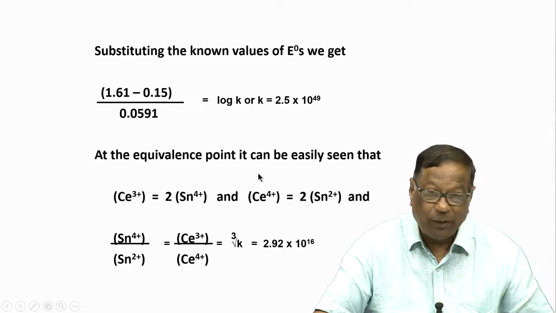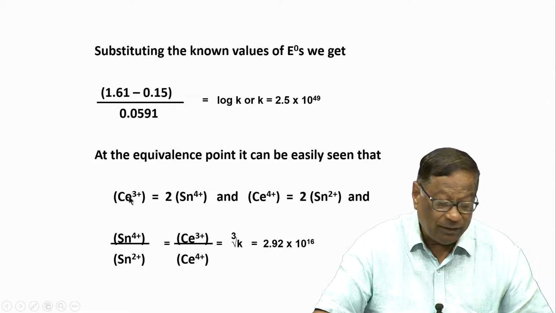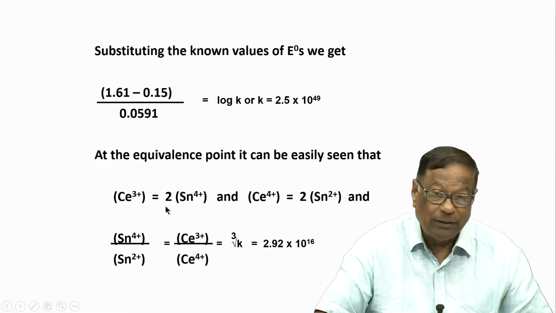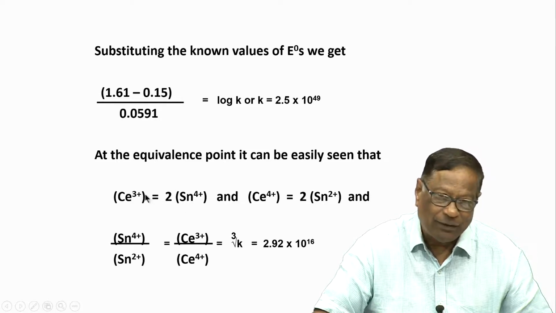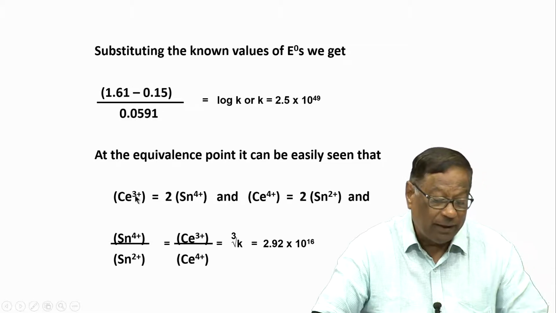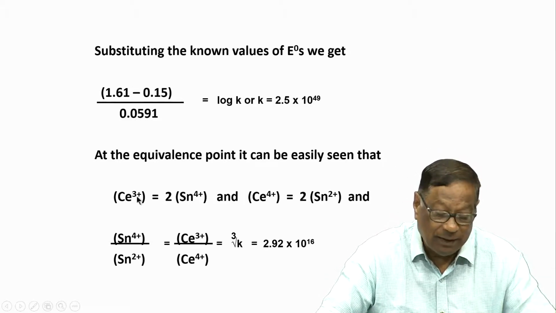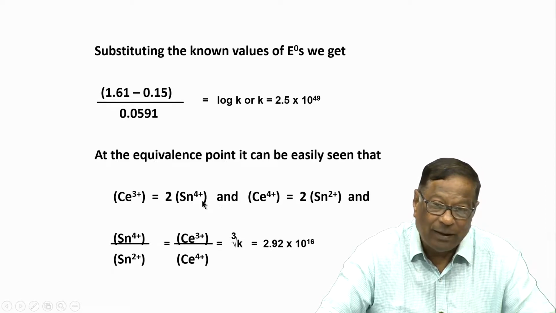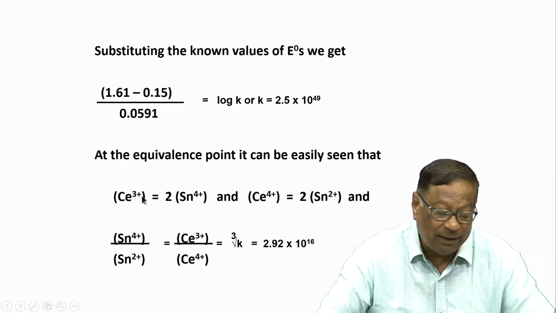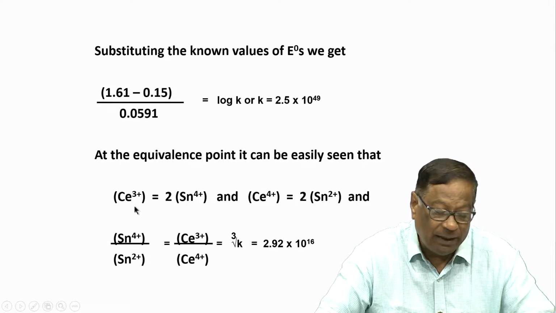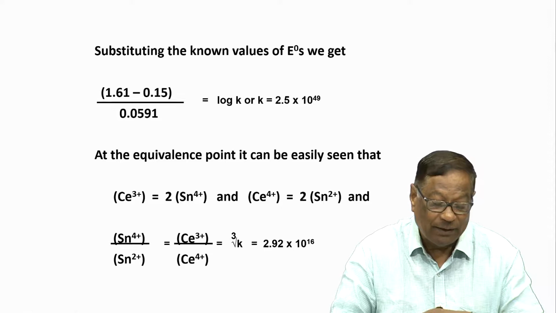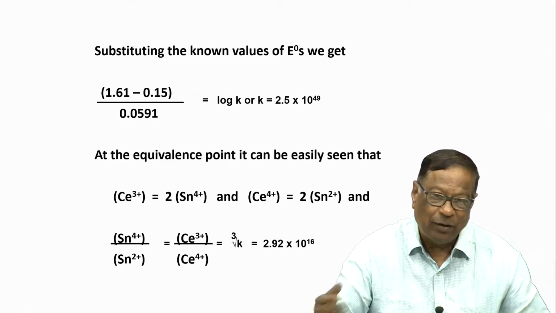So, at the equivalence point I can say that the concentration of Ce3+ should be twice that of stannic, because it is a two electron system. 2 molecules of Ce4+ will be reacting with 1 molecule of stannous to give you 2 molecules of cerous and 1 of stannic, so the quantity of cerous should be equal to twice that of stannic.